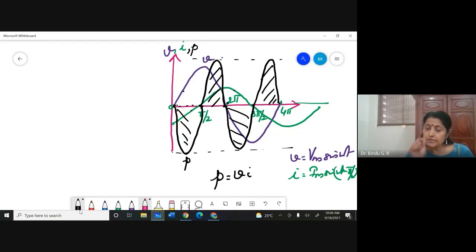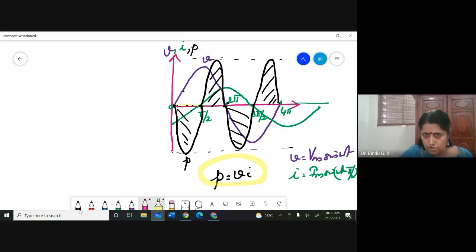For the power waveform, I checked at all instants how the voltage and current are. From 0 to pi by 2, I saw that voltage is having positive value, but current is negative, which means the power P is equal to VI will have a negative value. From pi by 2 to 2 pi, you are having both voltage and current as positive values.